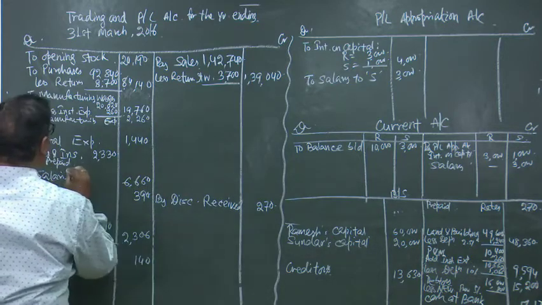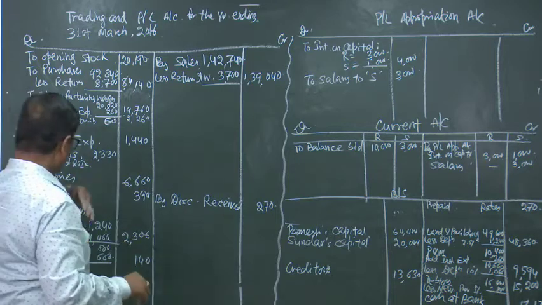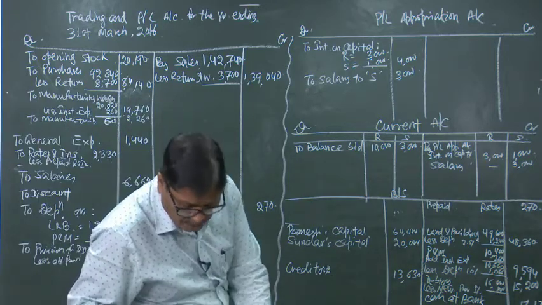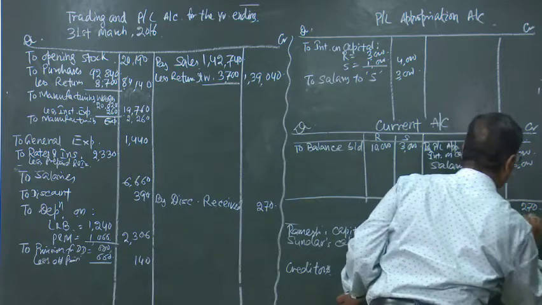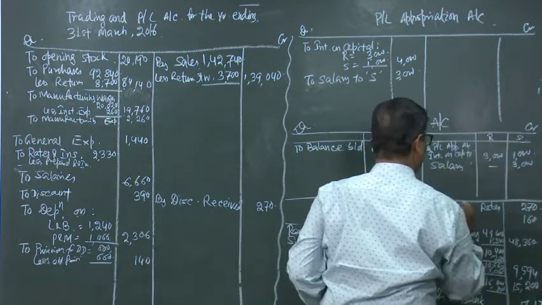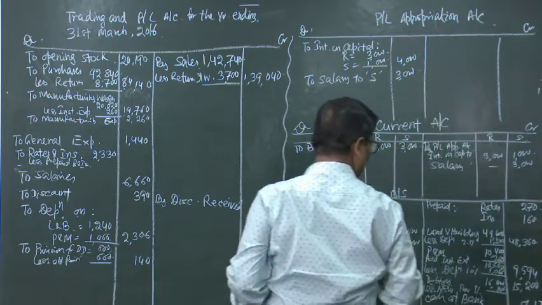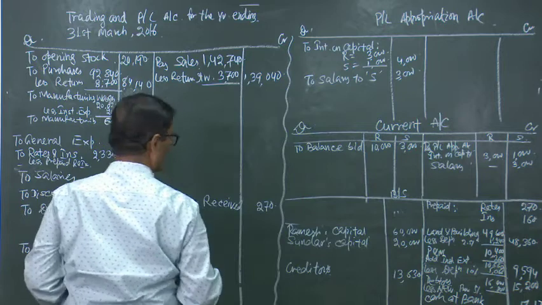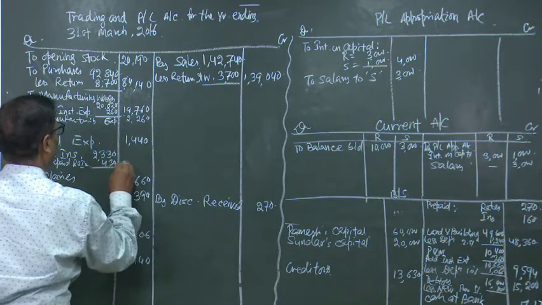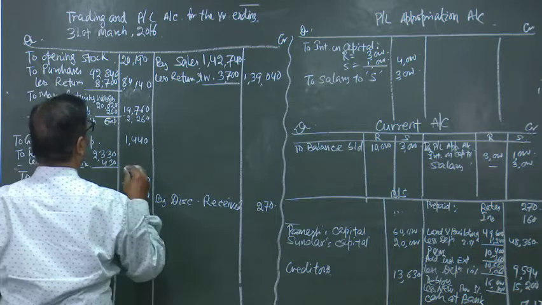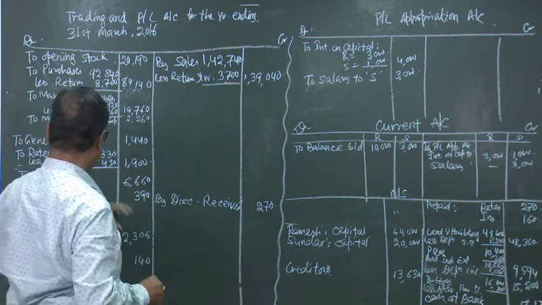So, prepaid rates and insurance both the things taken together will be 270 and 160. Prepaid rates and insurance, so total is 430. So, we will take it to the outer column, that will be 1900.